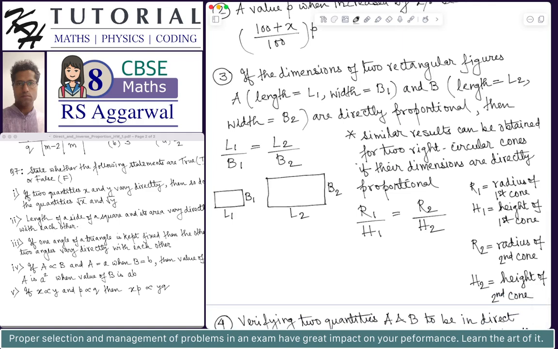to be rectangular, but it could be some other figures, like a right circular cone.